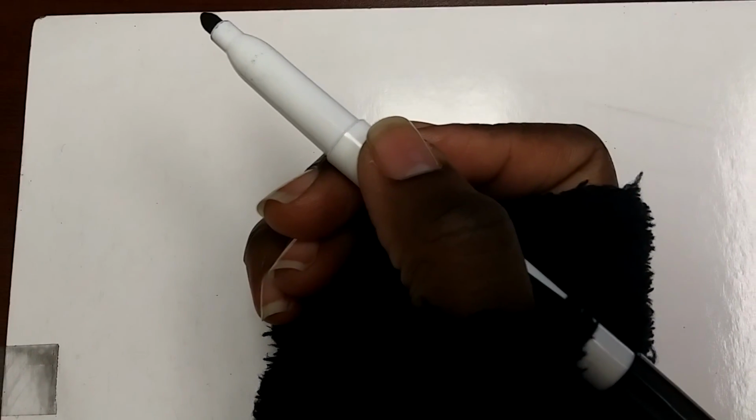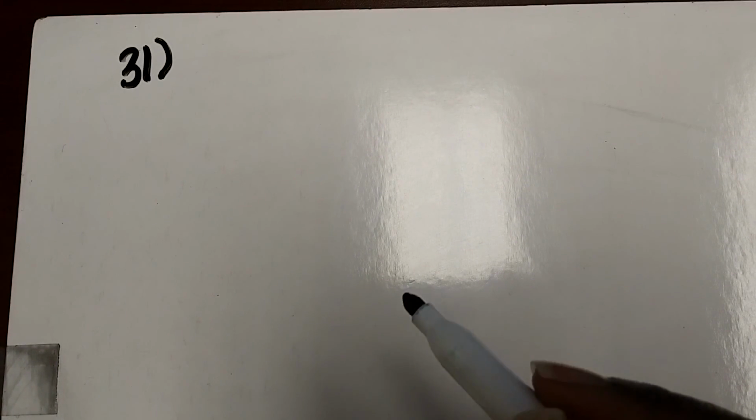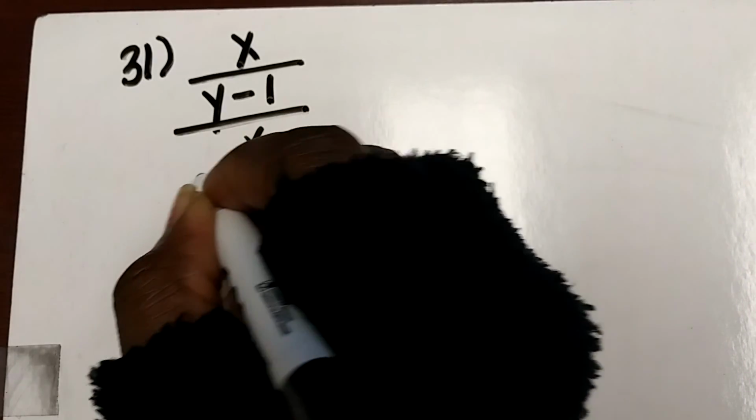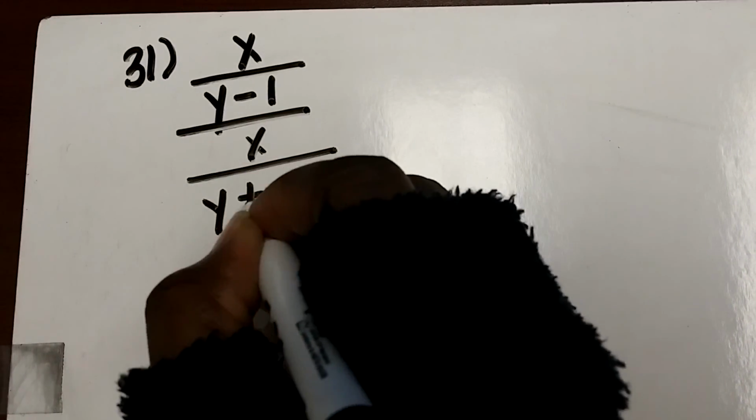I'm on page 403, and let's look at number 31. 31 says simplify each complex fraction, assume no division by zero. I have (x over y minus 1) over (x over y plus 1).